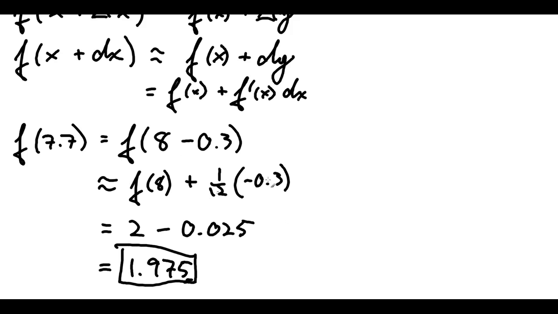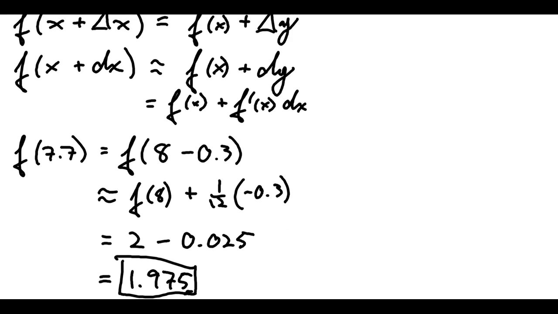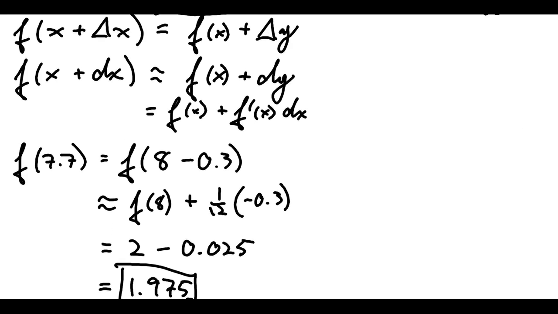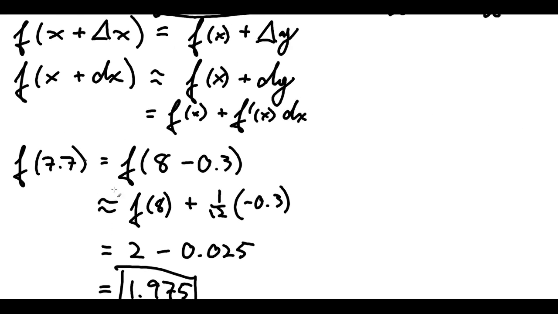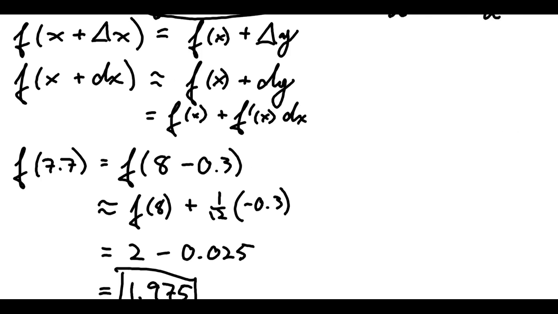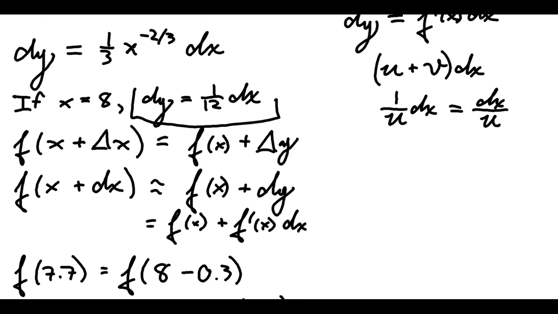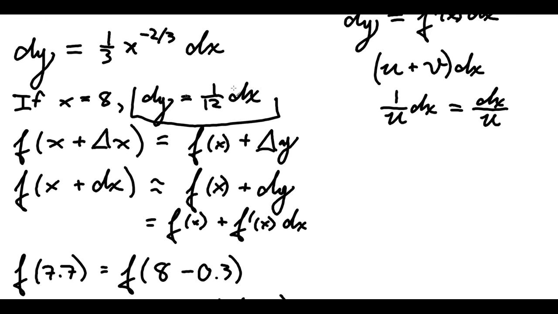Now this is one way of organizing this. So this is going through kind of the theoretical approach of what these functions mean. Let's back this up a little bit. You might find it easier to say, okay, dy equals 1/12 dx. So then say, okay, well, dx is negative 0.3.